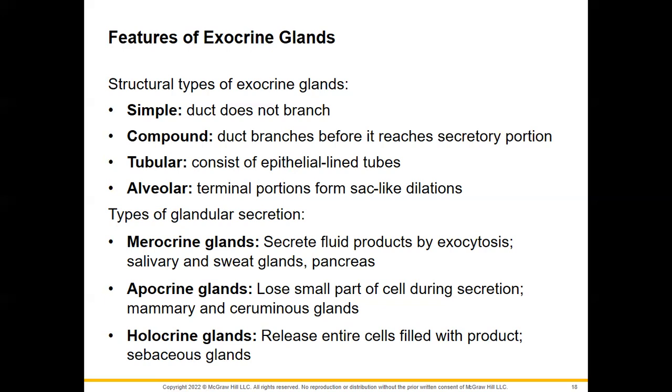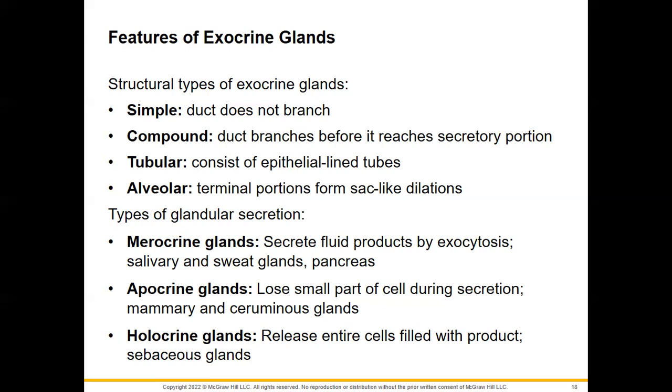Types of glandular secretions. So the different secretions produced by your exocrine glands are these. You have merocrine glands, apocrine glands, and holocrine glands. Merocrine glands secrete fluid by exocytosis.